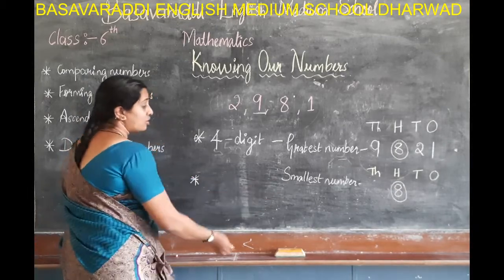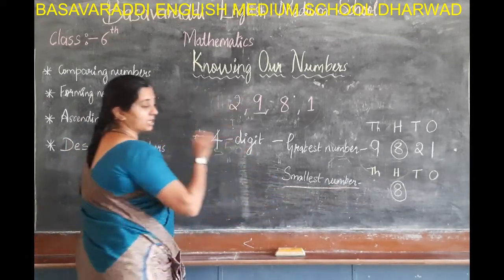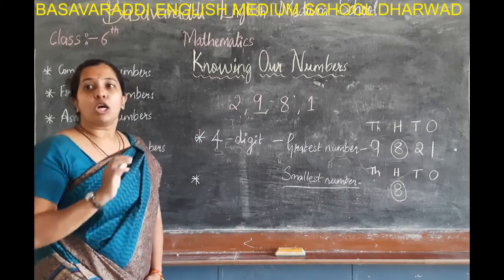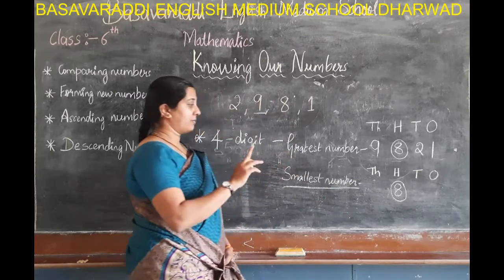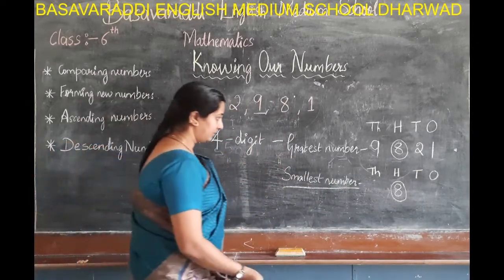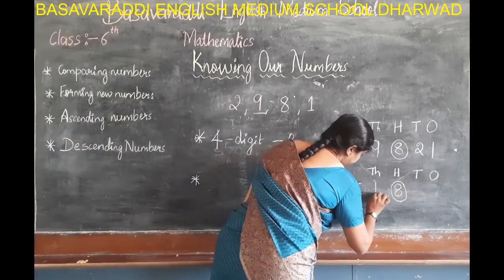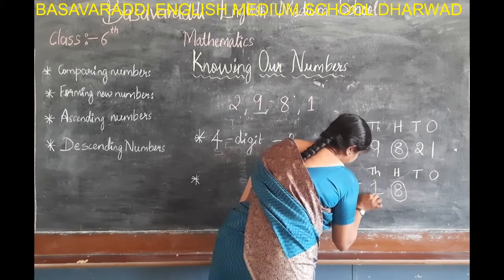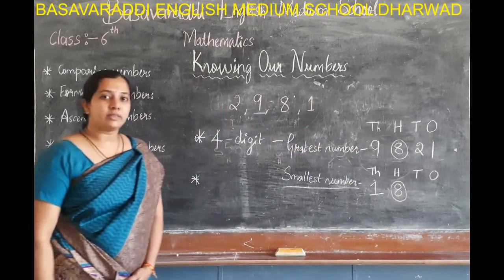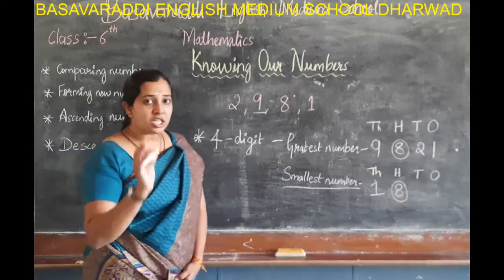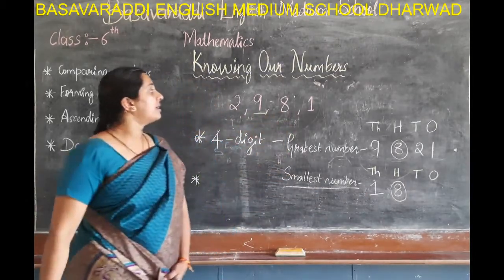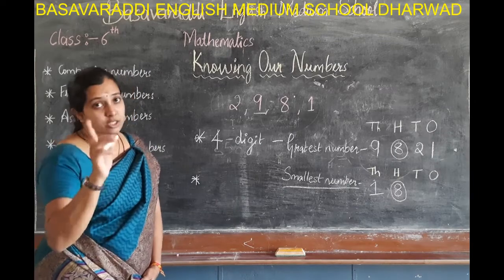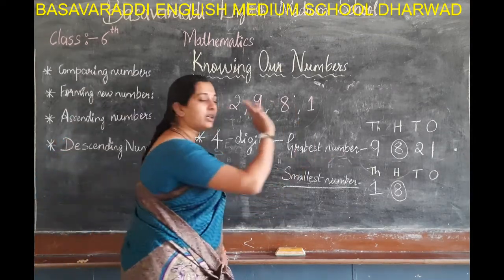But when it comes to your smallest number, see, at the thousands place, we have to put 1. Because we have to form the smallest number, in the thousands place in such a set of digits, 1 is the smallest, so I have to put that one in the thousands place.